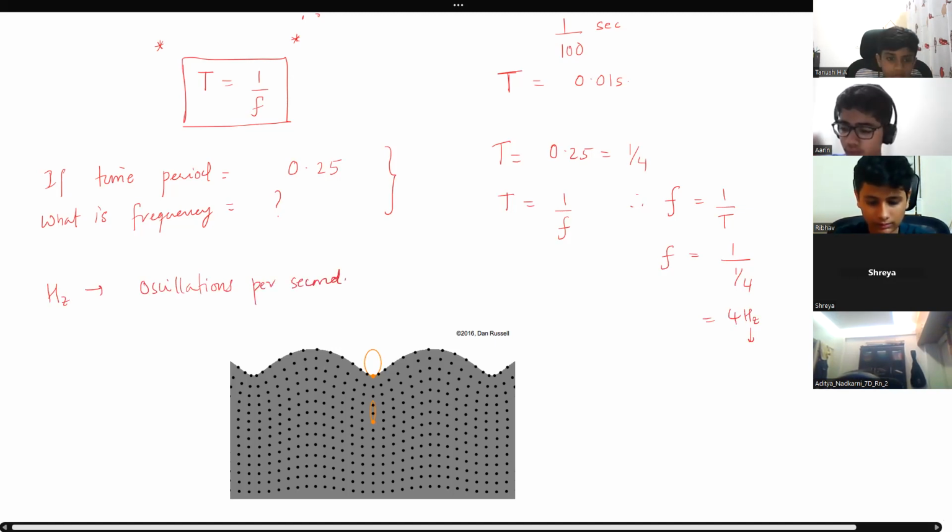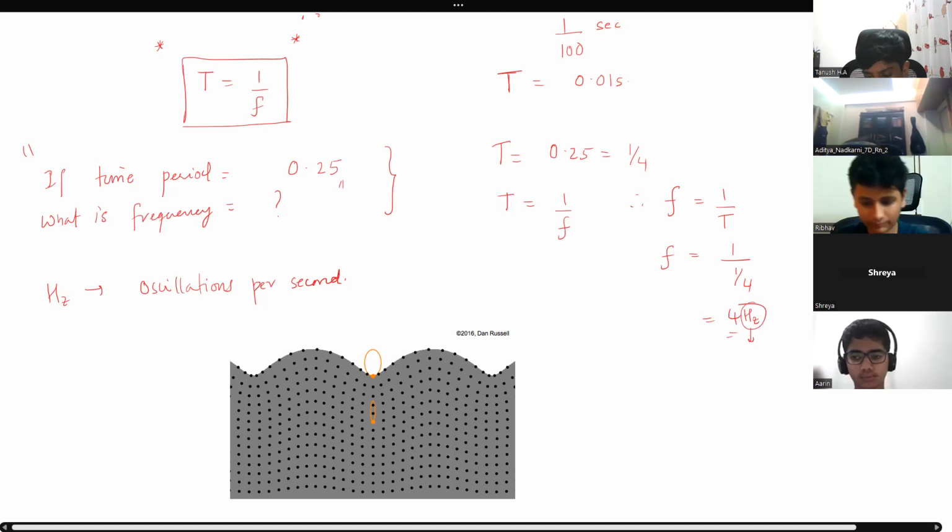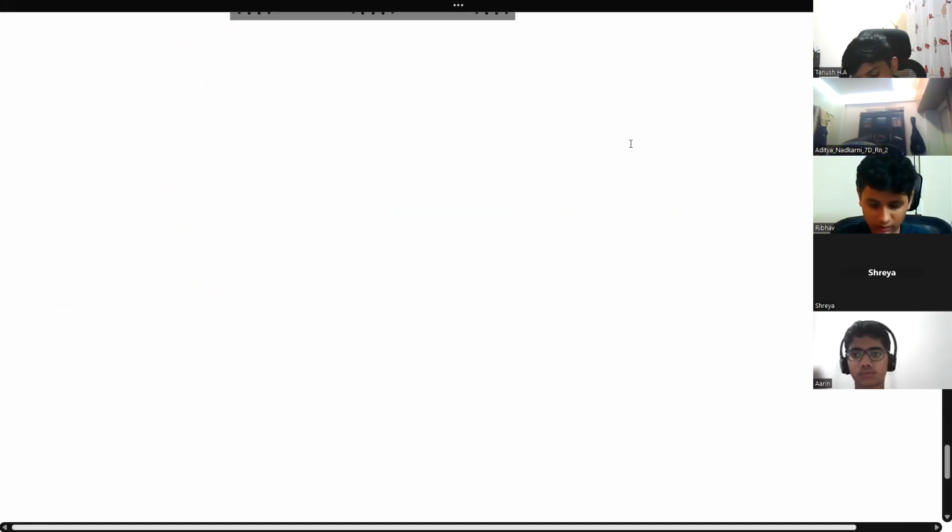That means whatever motion I am describing, whose time period is 0.25, will make 4 oscillations, 1, 2, 3, 4, in 1 second. 4 oscillations per second. So that is what is called the frequency and time period. All of you clear with this now?